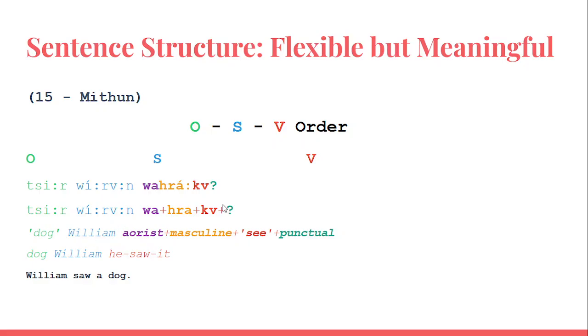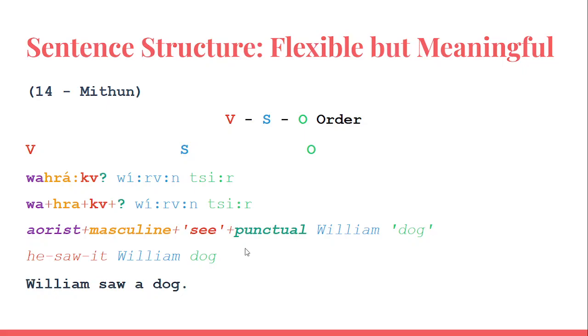But here, the verb tells you everything that you need to know. And then you can even do it like this, where you put the verb at the front and then everything comes after it. I don't think it would be acceptable to do VOS, at least according to Mattoon. I believe she either doesn't mention it, or it's not really a common syntax.